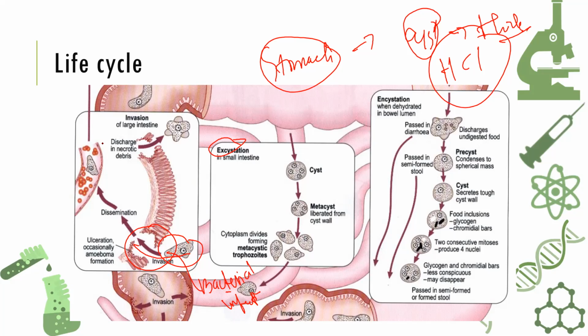That ulcerations will allow the parasitic infection to cause secondary infection, and that is bacterial infection. That ulcerations is the reason why there is a presence of RBC in the stool sample. Okay?